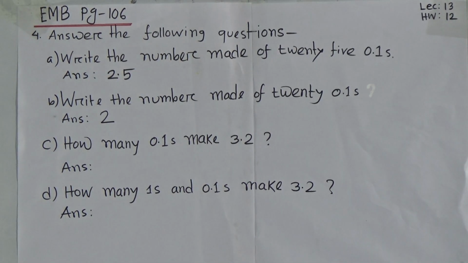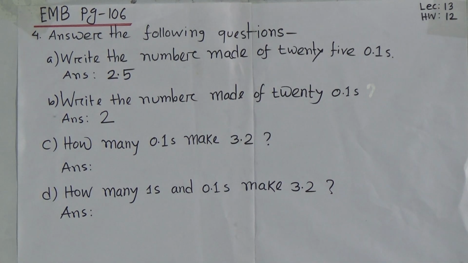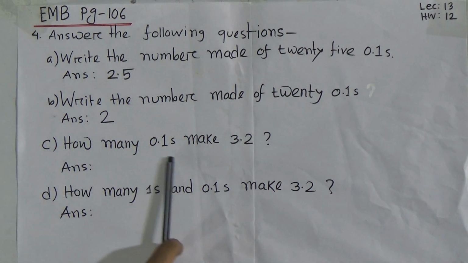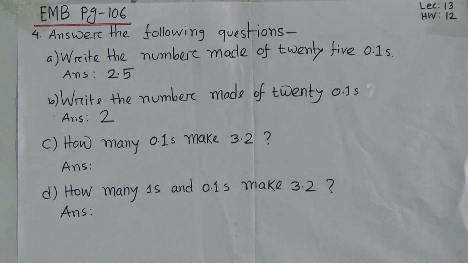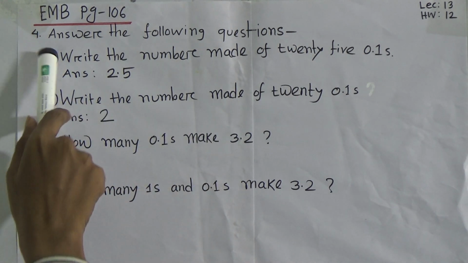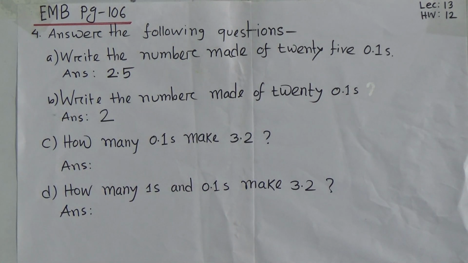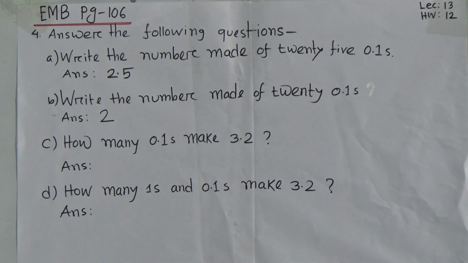Now question C. Read the C question: how many 0.1s make 3.2? You can easily understand that this C question is the converse of A and B. You know the converse of multiplication is division.